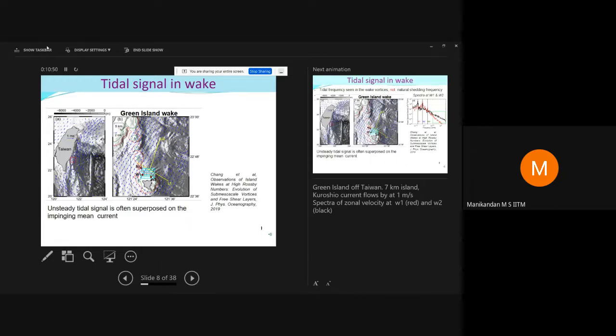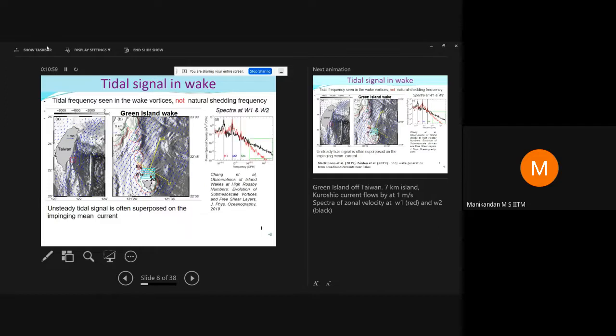So now the question is, if you have these vortices, what should the tidal signature be? And then when they made measurements, what they found was that the spectra, so these are power spectral densities, they took the power spectral density at different stations in here, W1 and W2, I guess this is W1 and W2, and this is of the streamwise current.